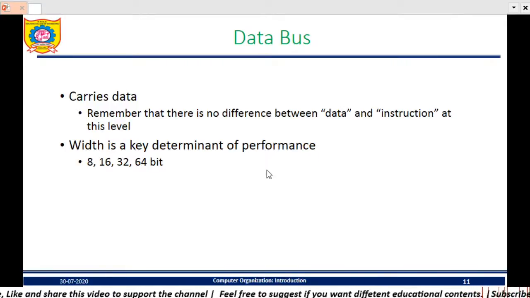Okay, so the width of this data bus can be 8, 16, 32, 64 bits. Okay, it is all doubled. And we know how this width is calculated, or what is the characteristic of a bus, right? The number of bits that the bus can carry at a time is called the width of that data bus. And for the speed of the data bus, we have to see the frequency of that data bus.